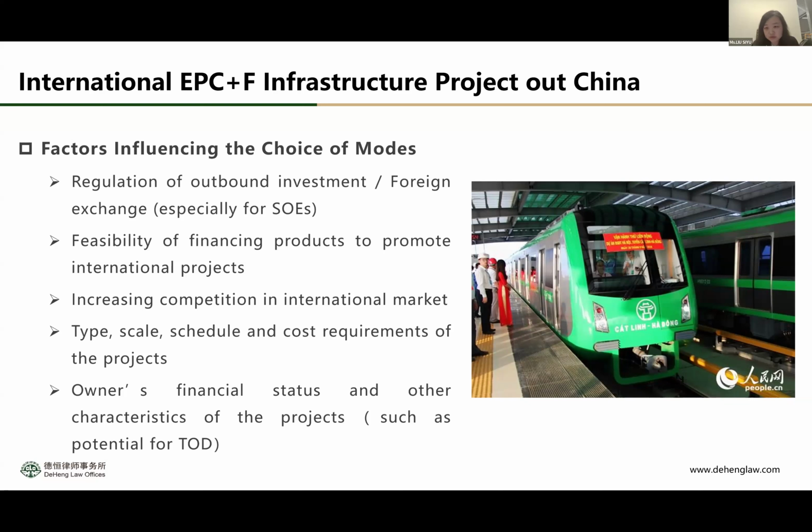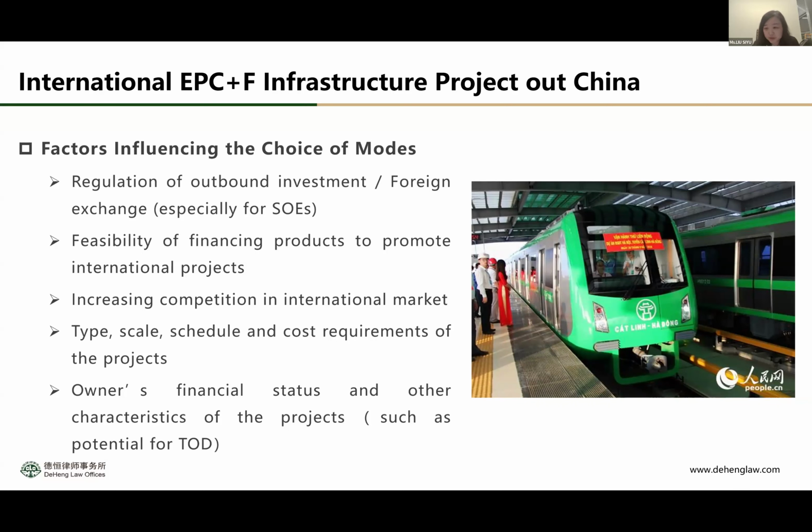For example, in the last slide I talked about deferred payment projects, which you can see in many renewable projects, because their schedule is short and their investment is relatively lower than a metro project. So they use this deferred payment mode a lot, but maybe it is not that easy for metro projects. And then there are the owner's financial standards and other characteristics of the projects.